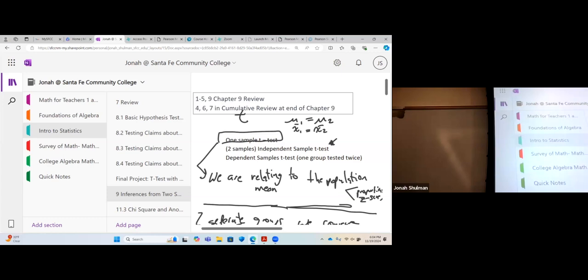I'm going to start with the independent samples t-test because this is the one that makes the most sense. An independent samples t-test is like I've got women, females. I never even know what the right terminology is right now, so I don't want to offend anybody. But the mean of females, this is my null hypothesis, is equal to the mean of males.